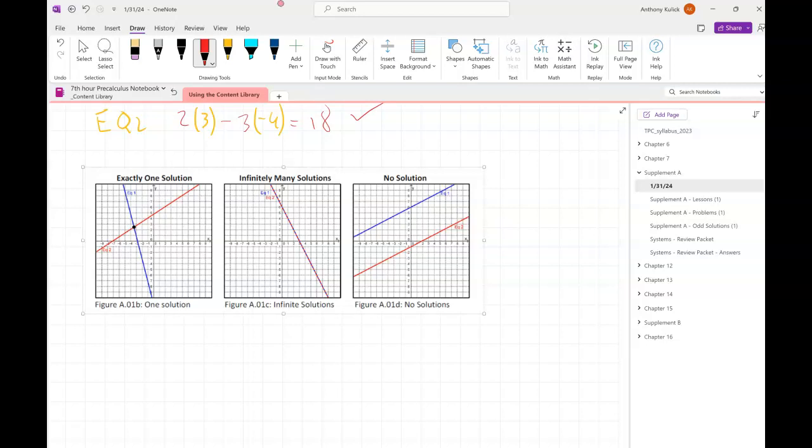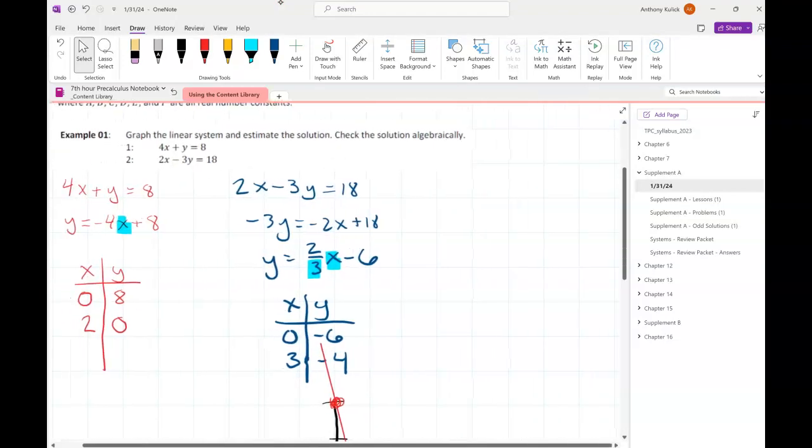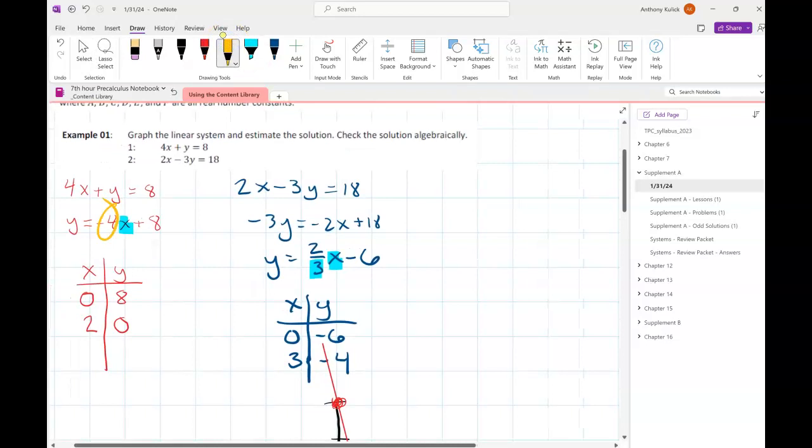So for exactly one solution, if the slopes are different for our two equations, we're guaranteed one solution. Right? If we go back and look at our problem back here, one slope was -4, the other slope was 2/3. Since those are different, we know there's one solution, point blank and period. Everybody's good?